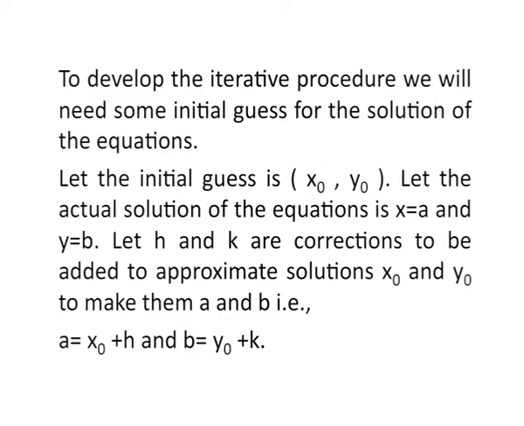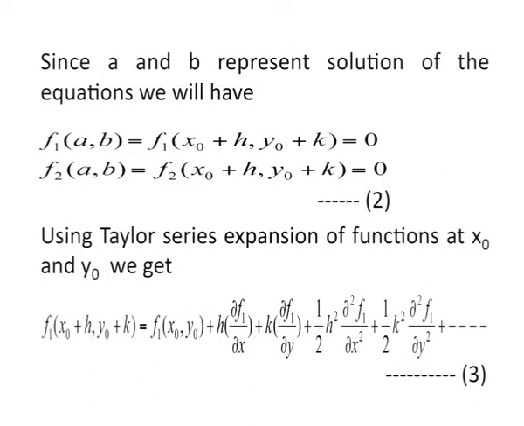If we add h to x0 we get a, and if we add k to y0 we get b. So, if we take x0 plus h and y0 plus k in the functions f1 and f2, the corresponding functions will be 0, because a and b are exact roots, so they will satisfy the function equations.